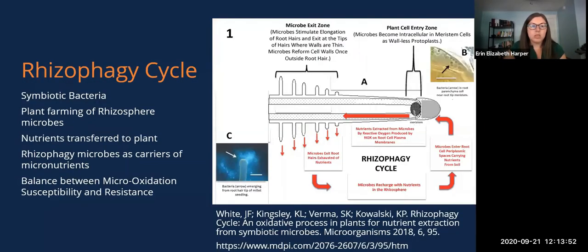So this goes into the Rhizophagy cycle. This is sort of a newer term that's being thrown around, and this is from a paper from 2018, I think. Yeah, there we go. I couldn't see my own writing down there.